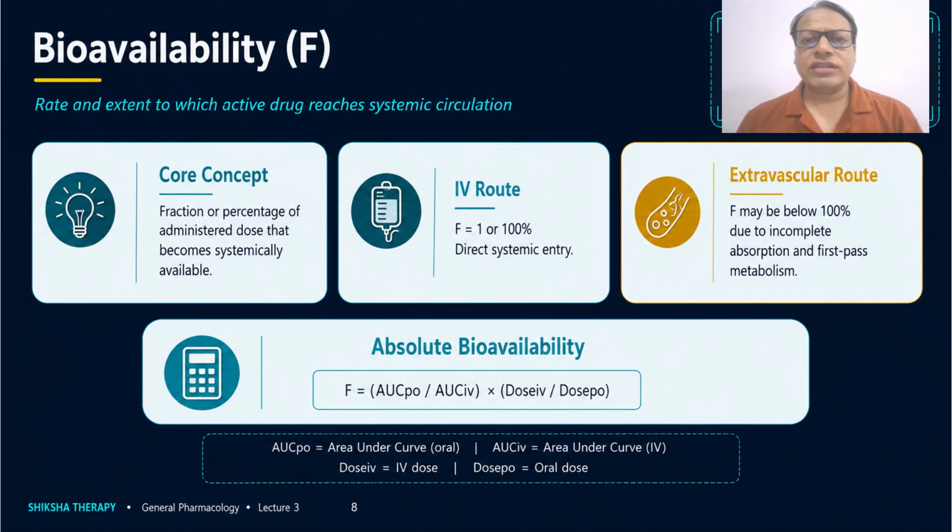For an intravenous drug, bioavailability is 100% because the drug directly enters into the systemic circulation. For oral administration, drugs bioavailability may be less than 100% due to incomplete absorption and first pass metabolism. So bioavailability tells us how much of the administered dose actually becomes systemically available. This concept is very important for dose selection and comparison of different formulations.